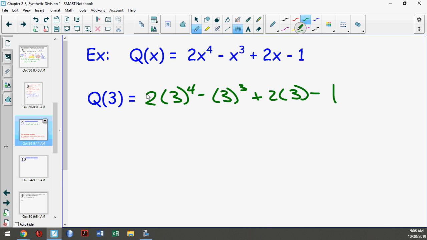Correct? 3 times 3 is 9, 9 times 9 is 81, 81 times 2 is going to be 162, minus 3 times 3 is 9 times 3 is 27, plus 6 minus 1. If you add all of that together, it's going to give you 140.